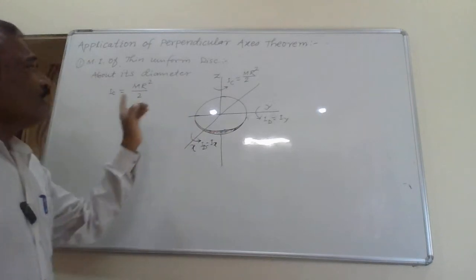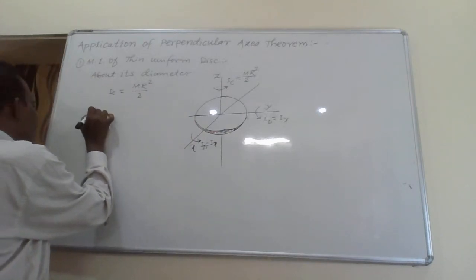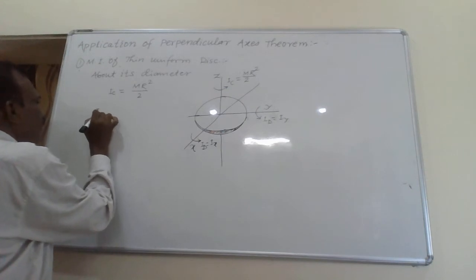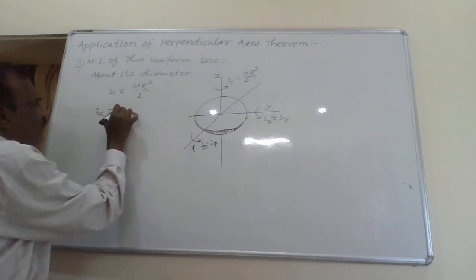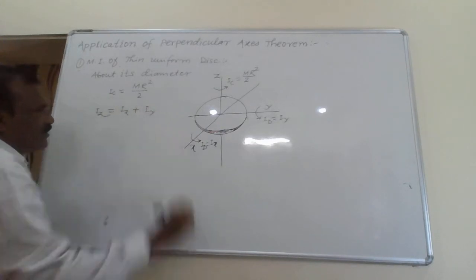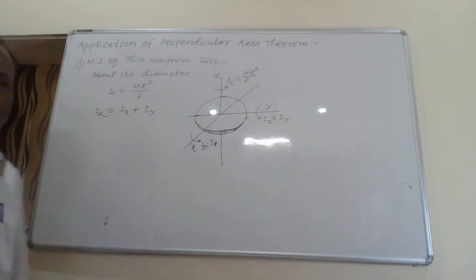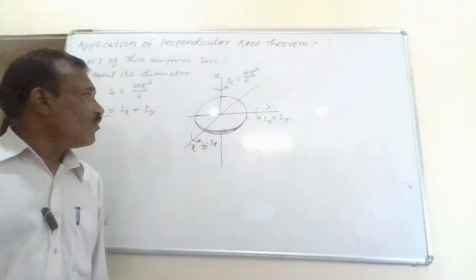Again applying the perpendicular axis theorem, it says that the moment of inertia about the z axis is equal to the moment of inertia about the x axis plus the moment of inertia about the y axis.